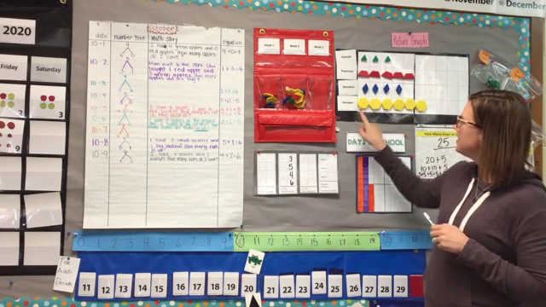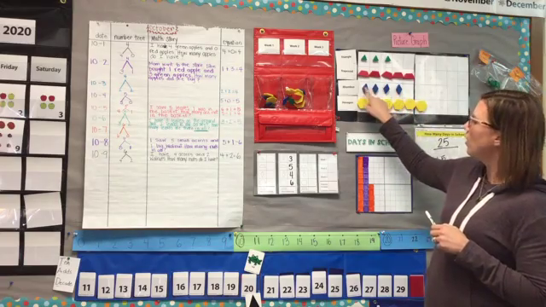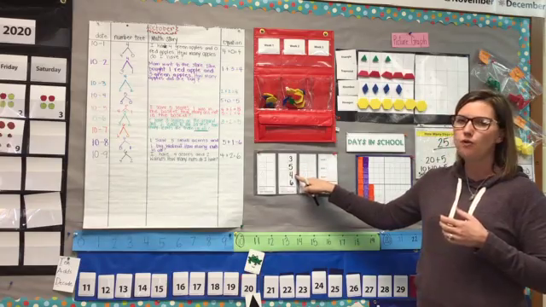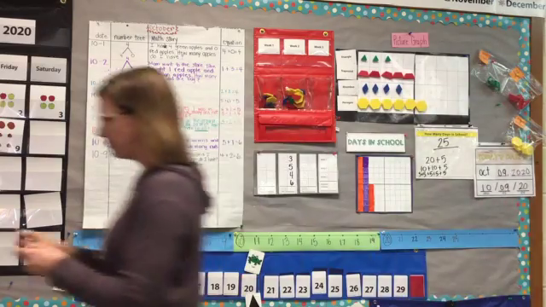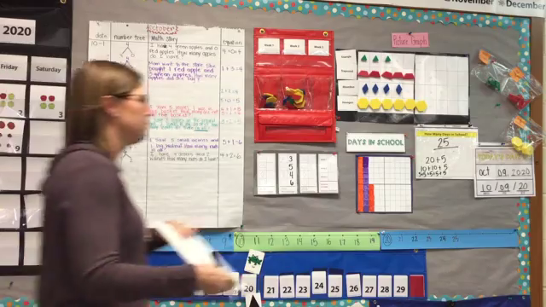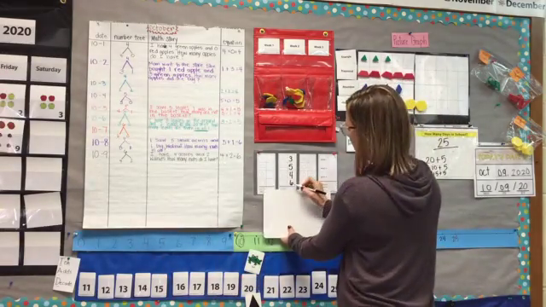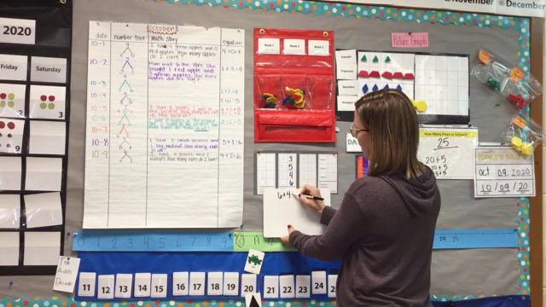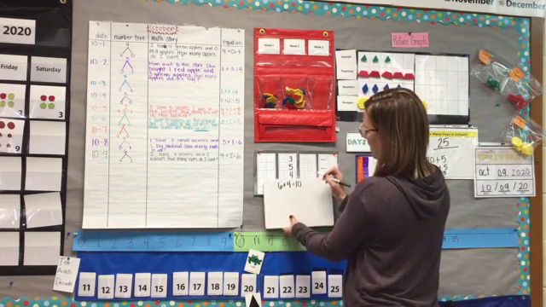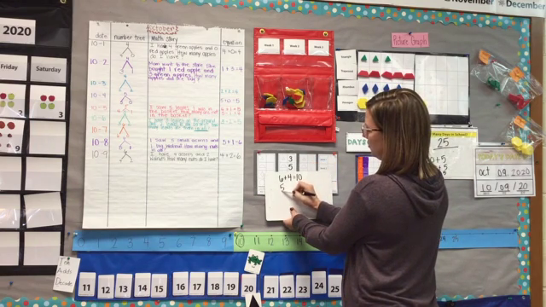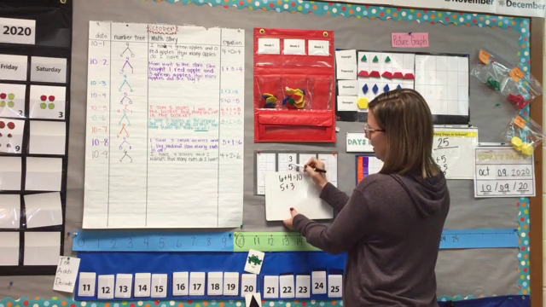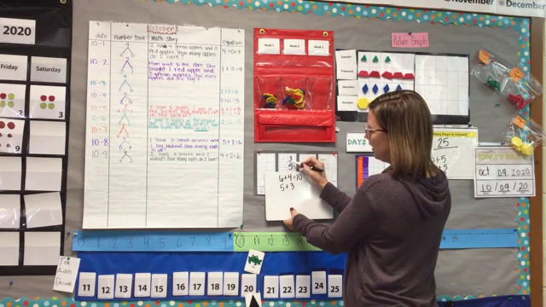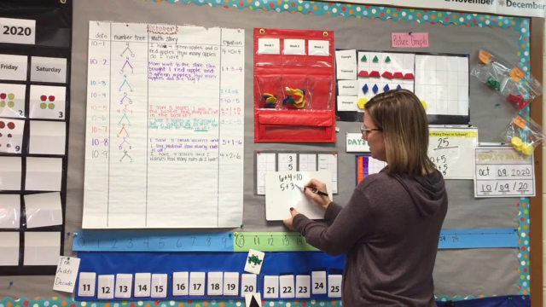And I know that 6 plus 4 is a 10 partner. 6 plus 4 makes 10. Okay. So if I'm going to take 6 and I'm going to add 4 more to it, I know that makes 10. Now I'm going to come up here to my 5 and my 3. 5 plus 3 more, 5, 6, 7, 8.